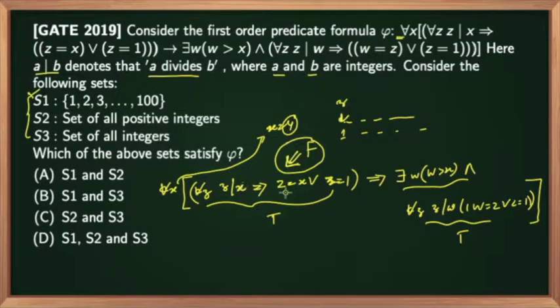Then it says that z is equal to x or z is equal to 1, that is true, z is equal to 1. Now if I take z is equal to 2, then z divides x, that is true, because 2 divides 4, that is true.